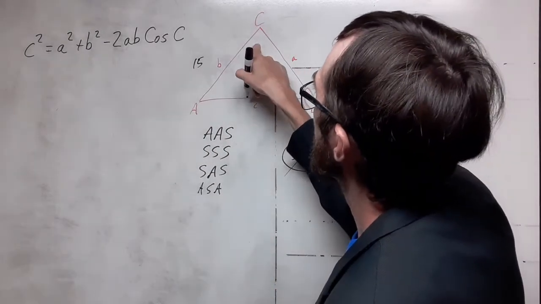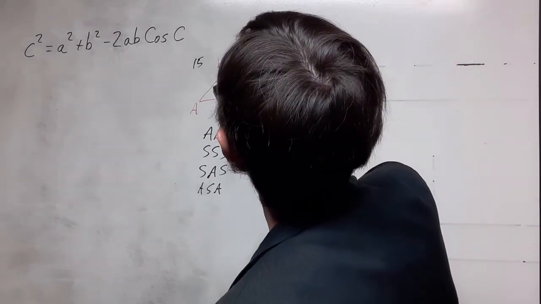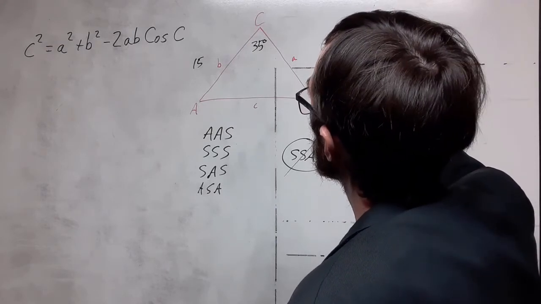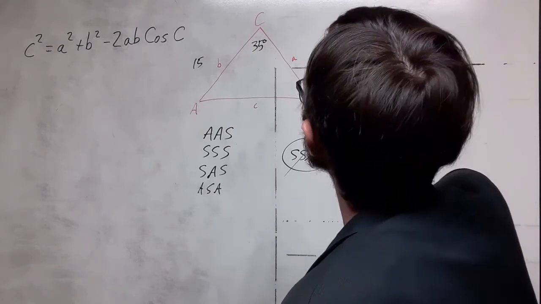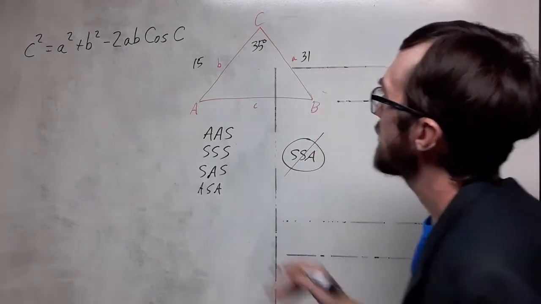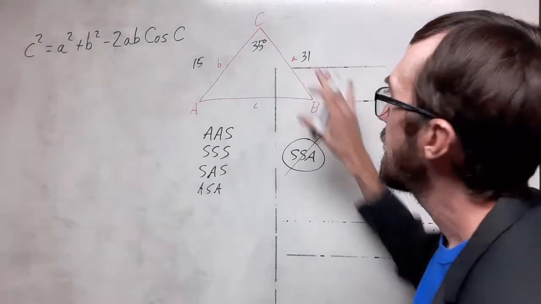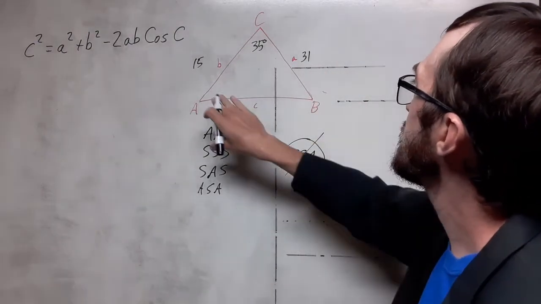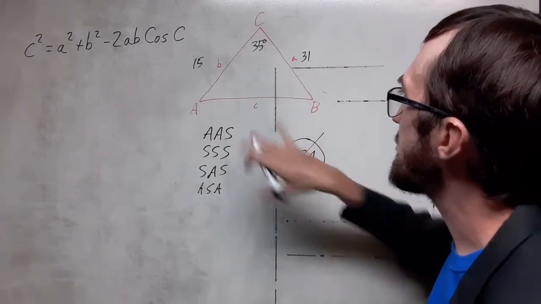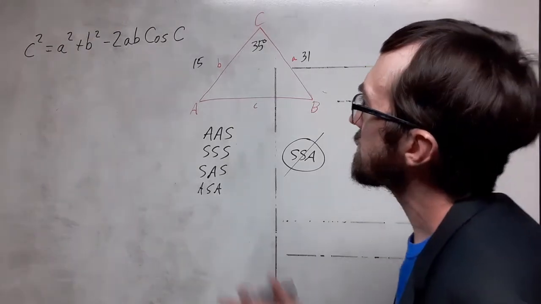And I know that angle C up here is 35 degrees, and that side over here, side A, is going to be 31 units. So I have side, angle, side as my givens. Now, if I'm asked to find angle A, angle B, or side C, can we answer those questions?